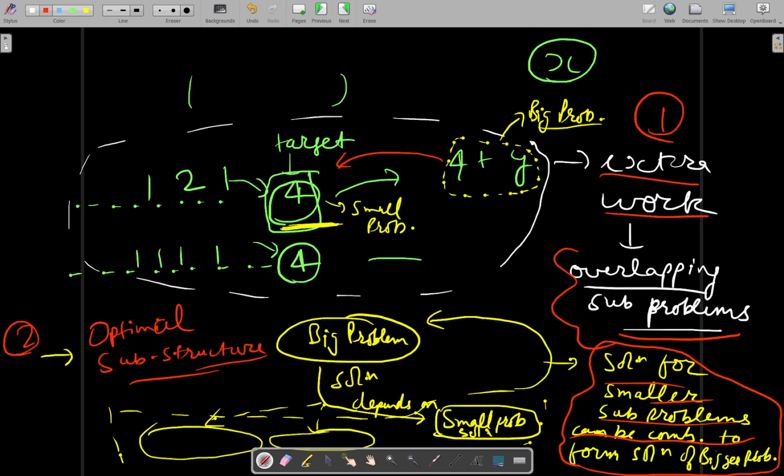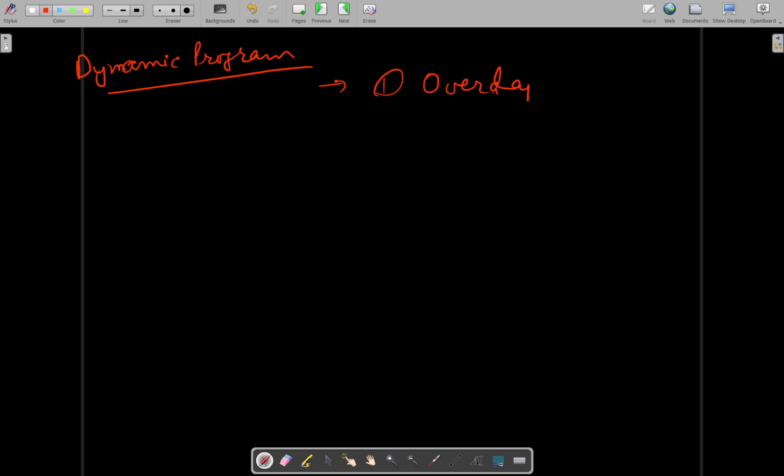So these two properties, or say observations, are being made. So the approach of dynamic programming can be used to solve this problem, for which two necessary conditions need to be satisfied. First was overlapping subproblems. Second was optimal substructure.